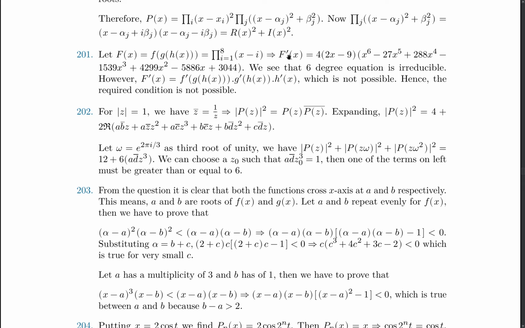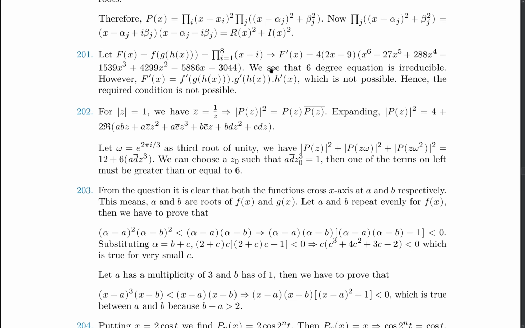Now we differentiate it once and we find that the derivative is 4 into (2x minus 9) into (x to the power 6 minus 27 x to the power 5 plus 288 x to the power 4 minus 1539 x cube plus 4299 x square minus 5886 x plus 3044).